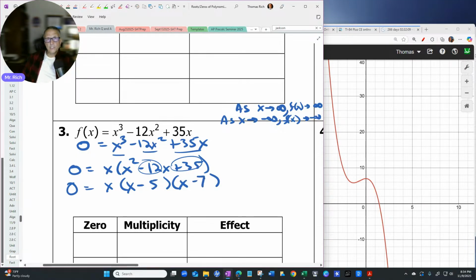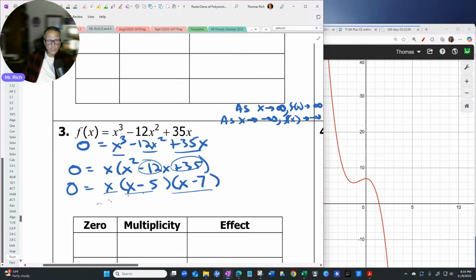Now that I have successfully factored this third degree trinomial, I can set each of the factors equal to 0. What we're using here is called the zero product rule: if two or more things are multiplied and the answer is equal to 0, it means one of them must be 0.